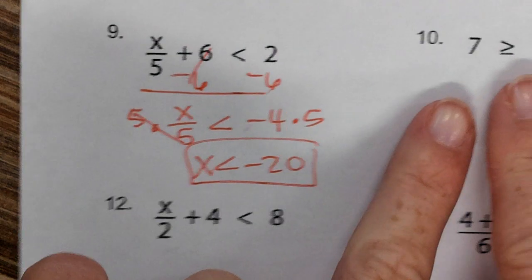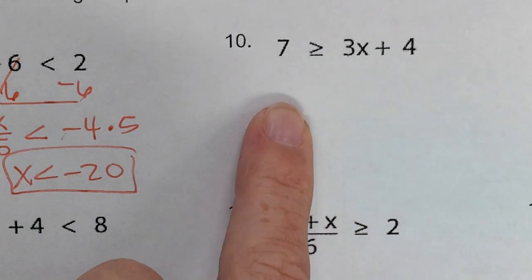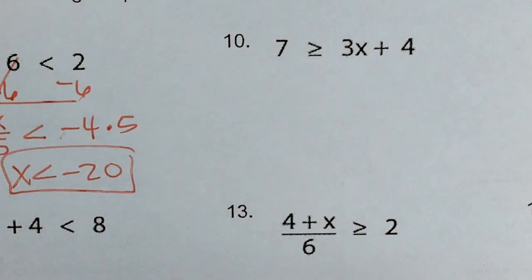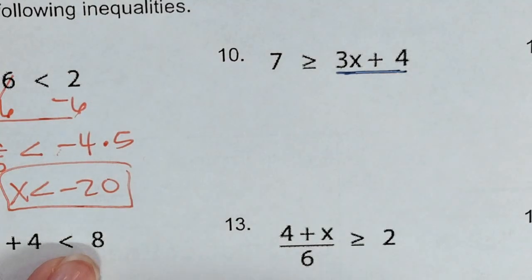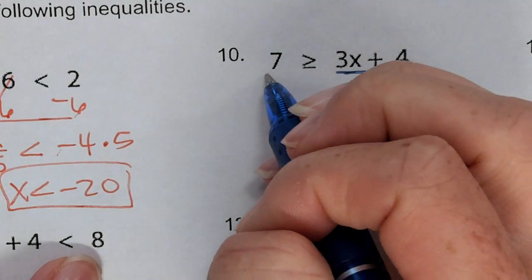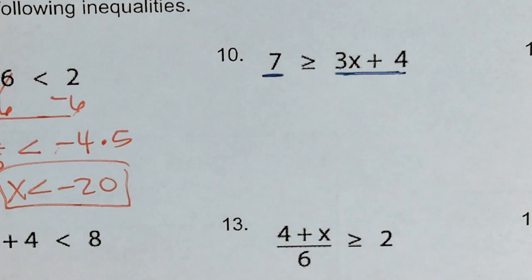Question. On number 10, what do you think I should do before I even start to solve this problem? Flip the inequality. Why? Because you always want your x's on the left. So I'm going to take this and write it on the left side. I'm going to take this and write it on the right side.